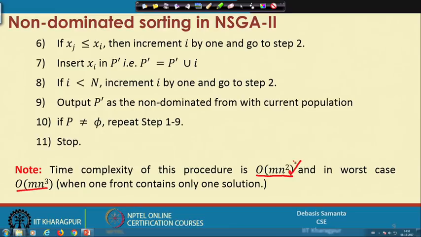Although the complexity is the same here, it still gives better time than the previous one. So this is the improvement over NSGA as far as the non-dominated sorting front calculation is concerned.